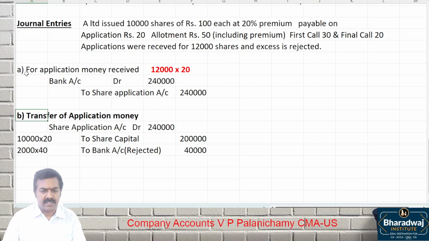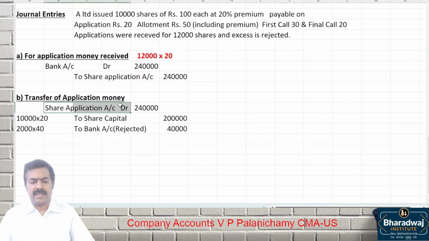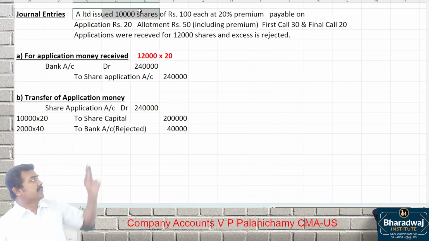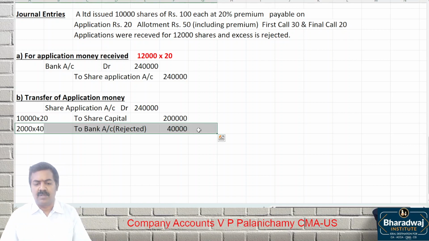Now I request you to listen first, then you can copy. Pay attention. So this is transfer of application money. Any doubt? Share application account debit to share capital 2 lakhs. We issued 10,000 shares into 20, so a maximum of 2 lakhs only you can transfer. The balance will go to bank account, because it is rejected.